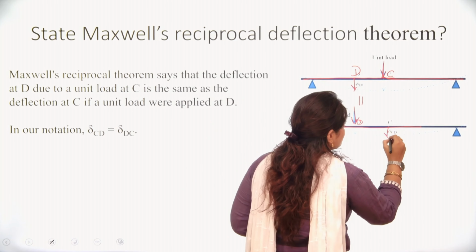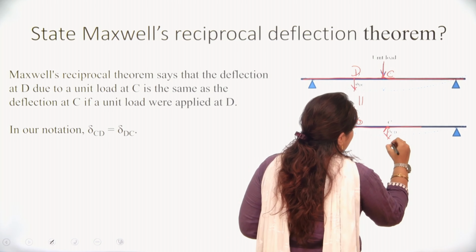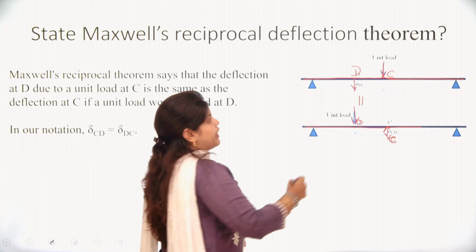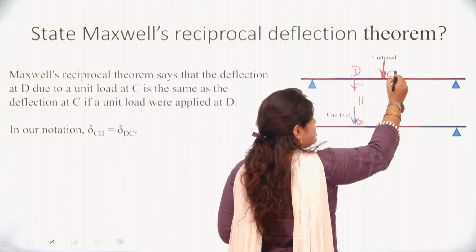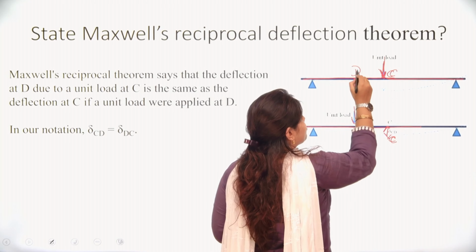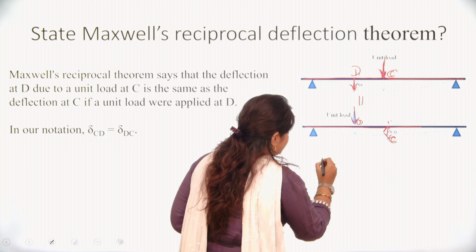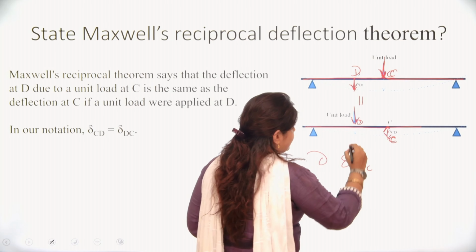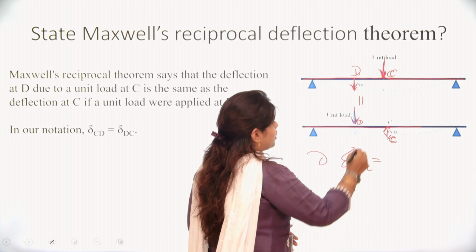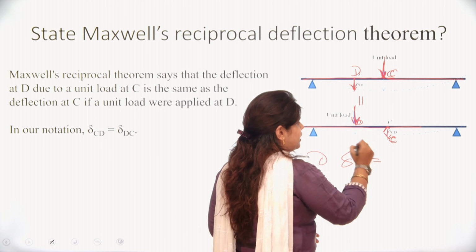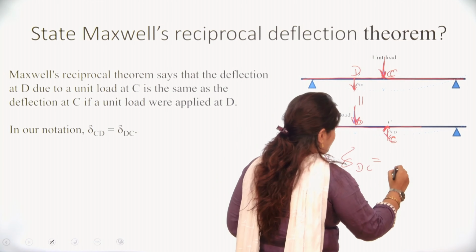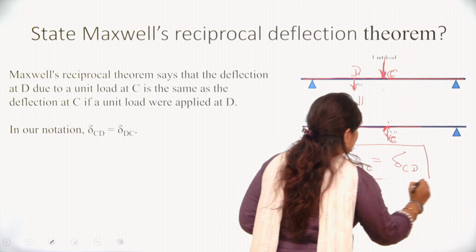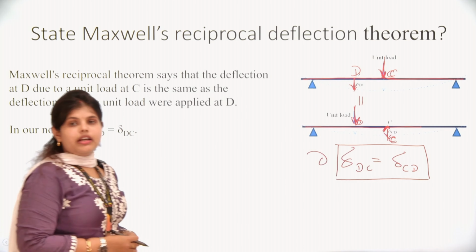So here, if a unit load is at point C and we take the deflection at point D as delta DC, that will be equal to when the point load is at D and the deflection is taken at point C, delta CD. Here is Maxwell's reciprocal deflection theorem.